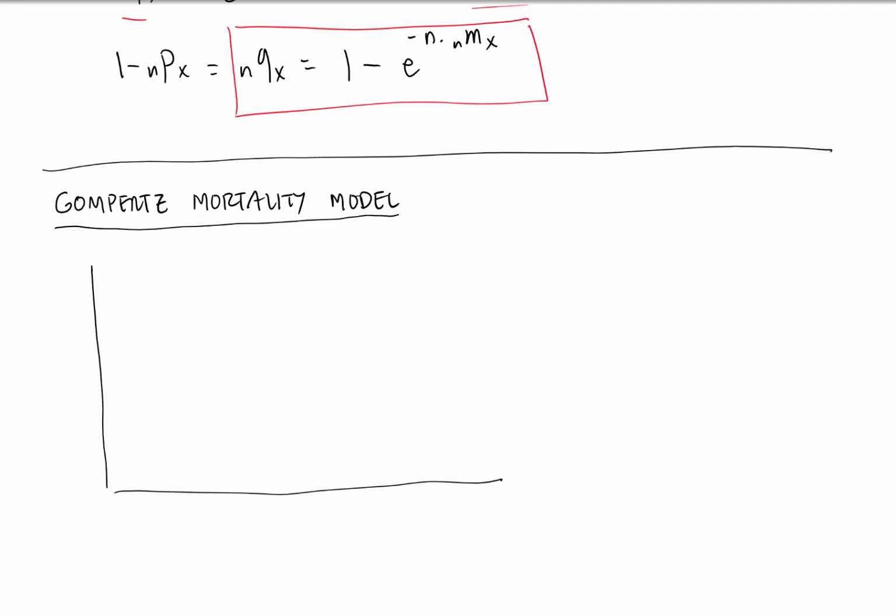And then I drew a picture of what the mortality rates or the hazard rates look like. The nmx's or the mu x's, that's an m, this is the mortality rate or the hazard rate by age.